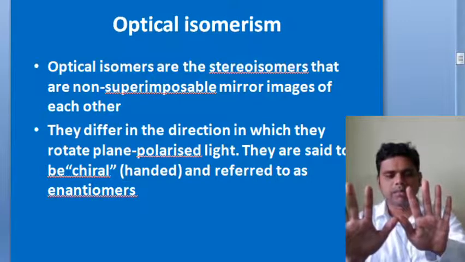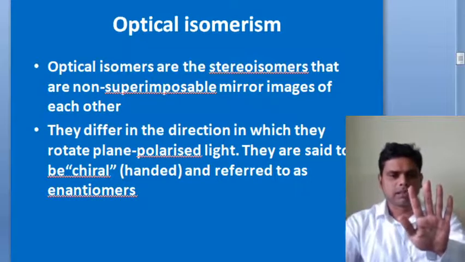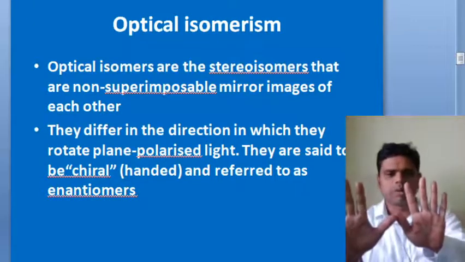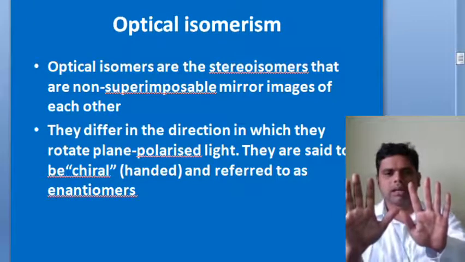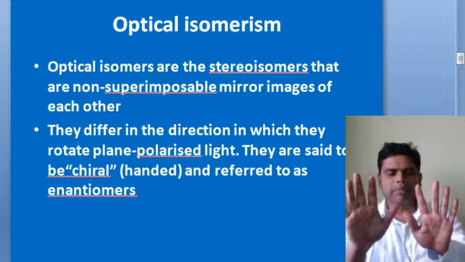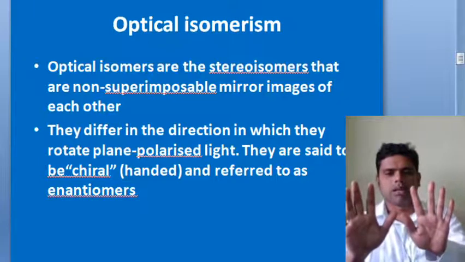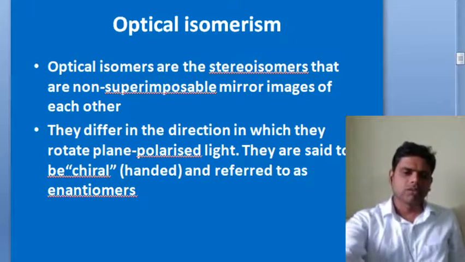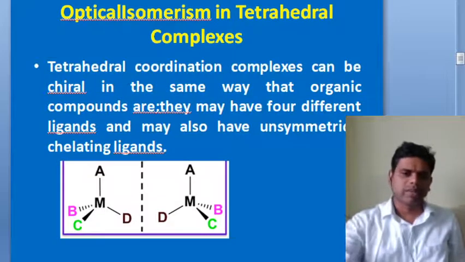What chirality means is handedness. So that's chiral. And if these non-superimposable mirror images lack an Sn axis of symmetry, then they may result in optical isomers. Here in complexes also, you just have a look.